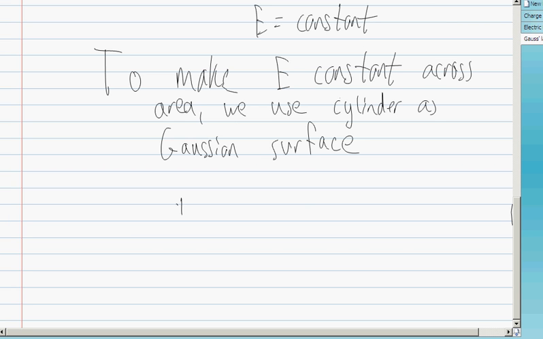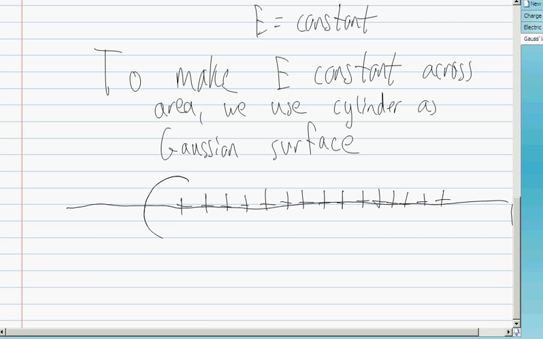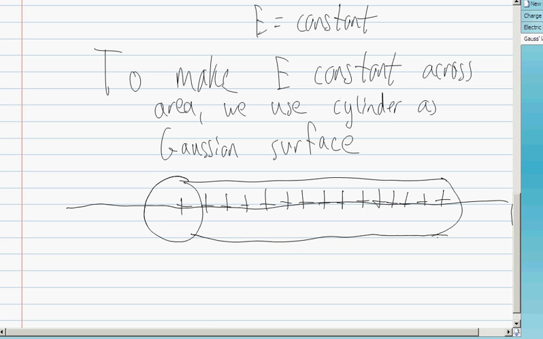So if we take our line of charge, and let's make this the axis, the center of it, and we put a cylinder over it, well, that actually turns out not to be terrible.